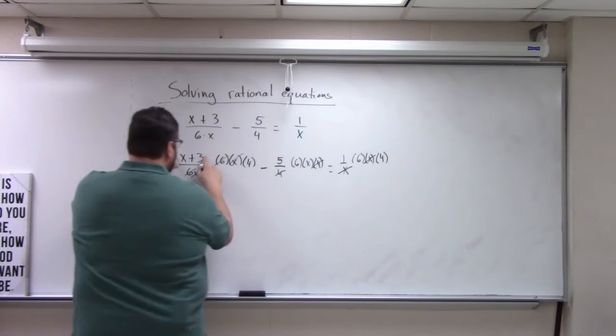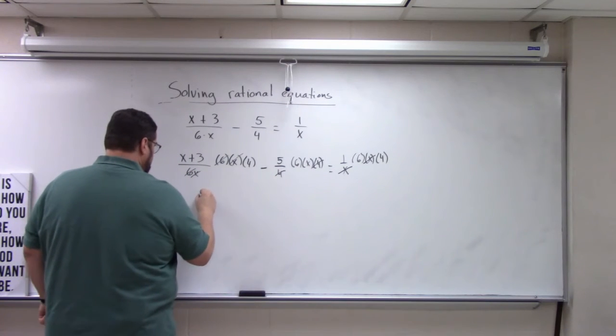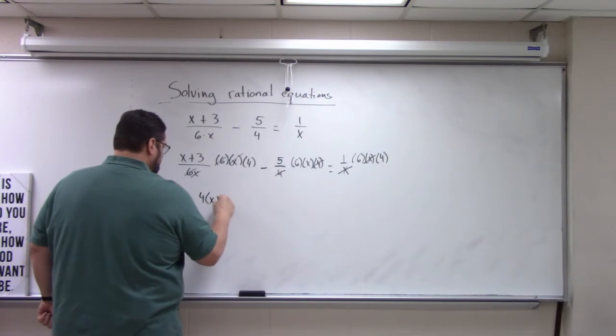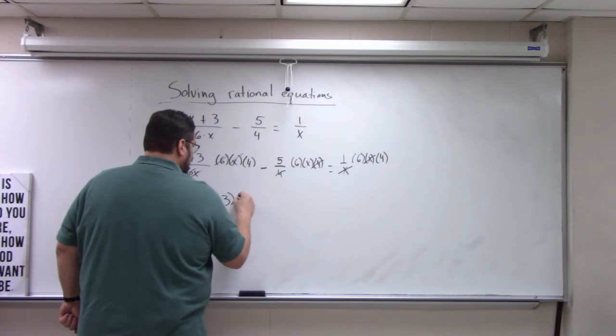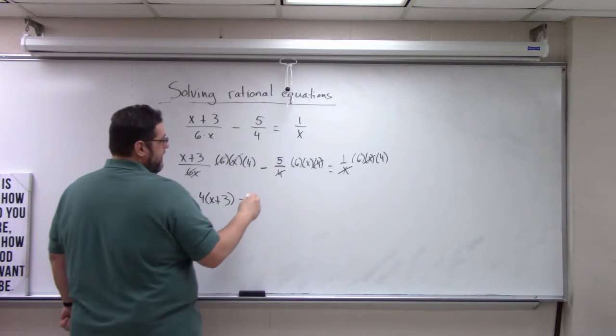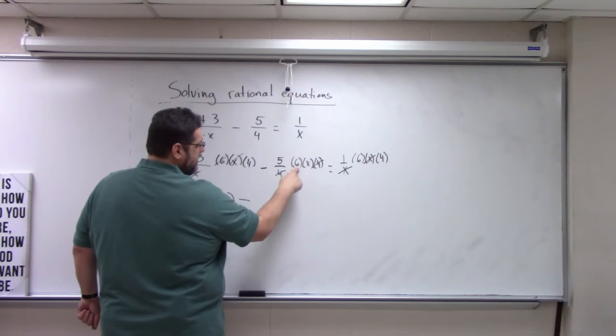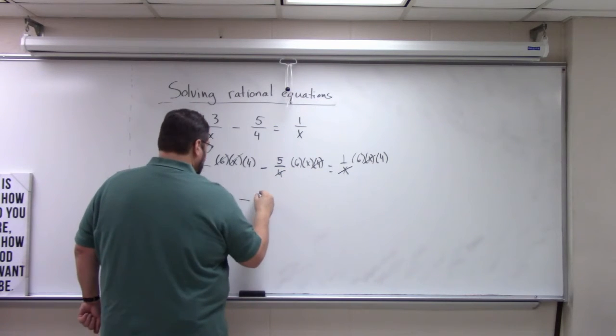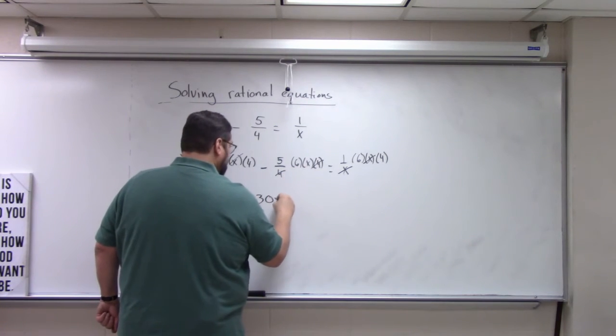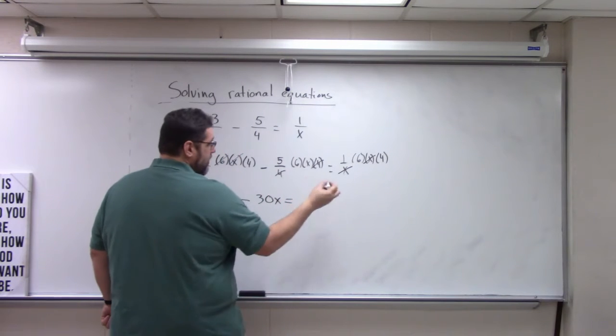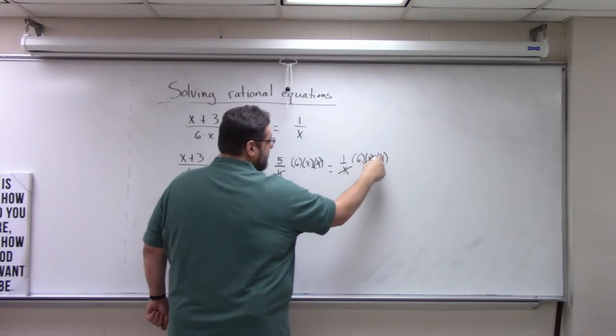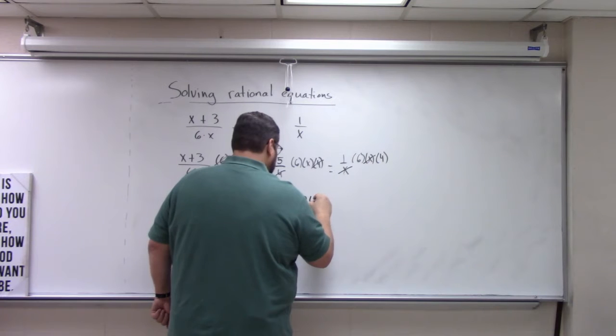I have x plus 3 times 4 minus, okay, I have 5 times 6 times x. That's 30x. And over here, I have 1 times 6 times 4. That's 24.